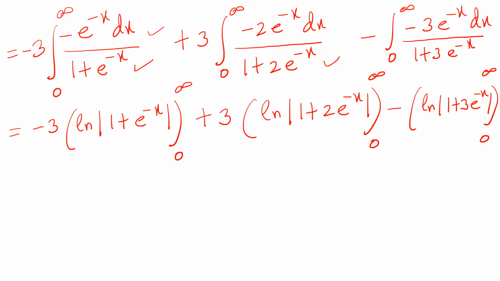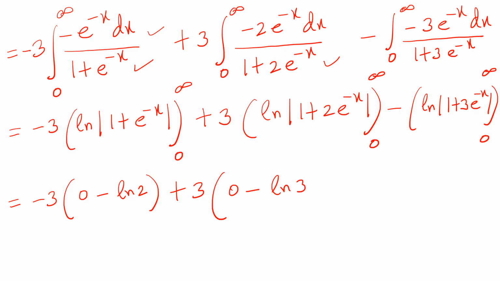Now students, we will find their values and finally get the answer of this question. Now it becomes minus 3 into, inside the bracket it is 0 when you put x as infinity, minus log mod 2, which is nothing but log of 2, and then we have plus 3 into 0 minus log 3, then we have minus, inside the bracket it is 0 minus log 4.